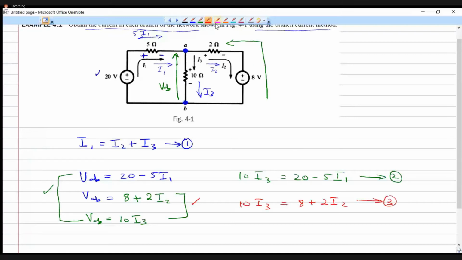Now, can I solve these equations? Yes, these equations are solvable. Yes, we can solve because we have three unknowns and we have three equations. So we can get a unique solution for these simultaneous equations. So this is the method called the branch current method. So can you solve and find out what is the values of I1, I2 and I3?